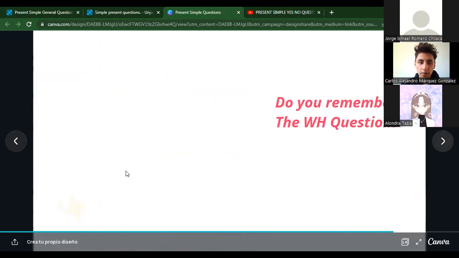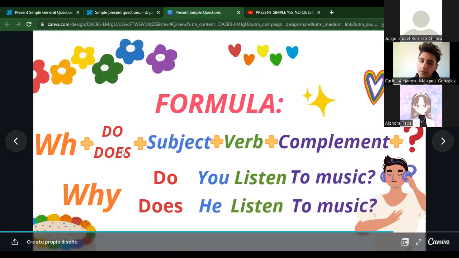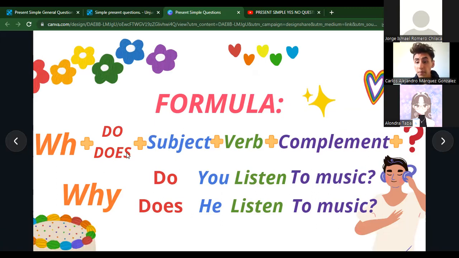Then we have to place the auxiliaries, do or does, depending on the subject pronoun, okay? Because for do we use I, you, they, we. For does we use he, she, it, okay? Later we're going to place the subject pronoun, then the verb, and finally the complement, okay?